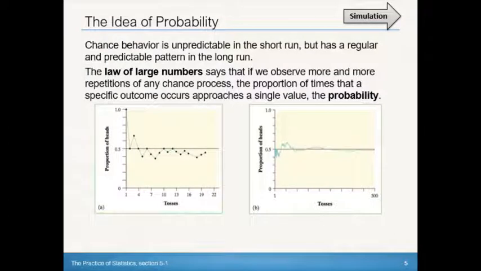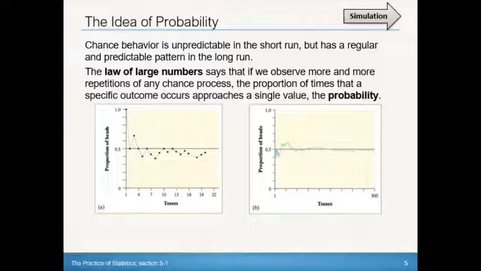Okay, so we want to look here at the idea of probability as being a long-term event, not a short-term event. So there's an applet that I'm going to open up here and show as well, that simulates flipping of a coin.